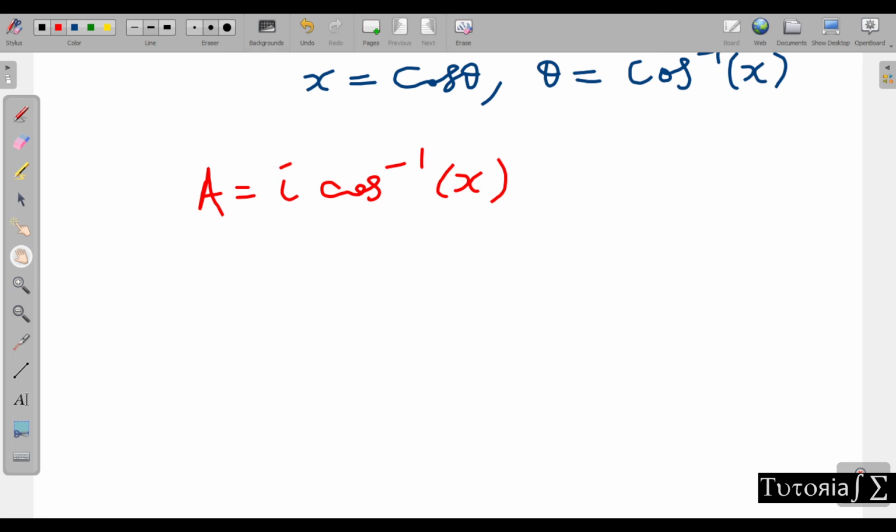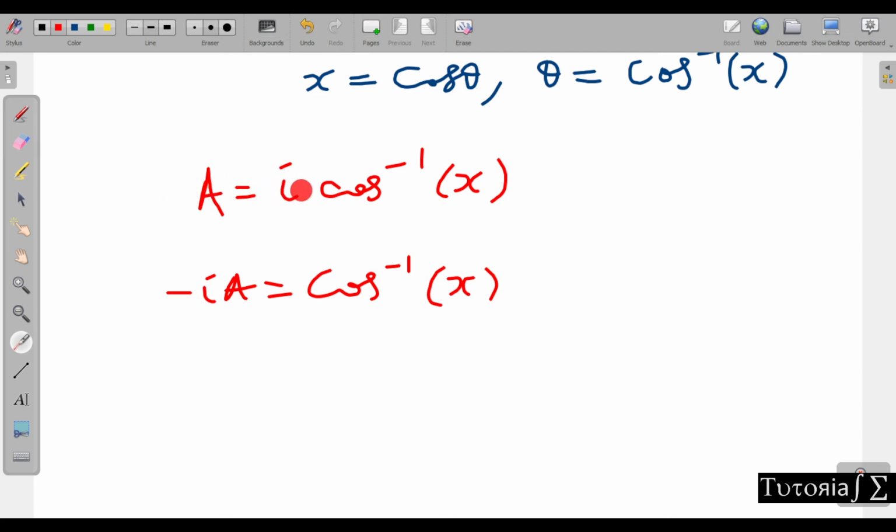Now we multiply both sides by i and i. What are we going to have on this side? When we multiply by i, what are we going to have? Negative iA is equal to cos inverse of x. This will have a negative when you multiply by i.